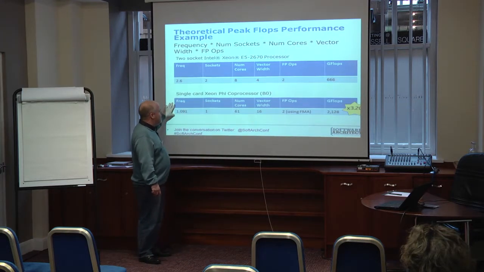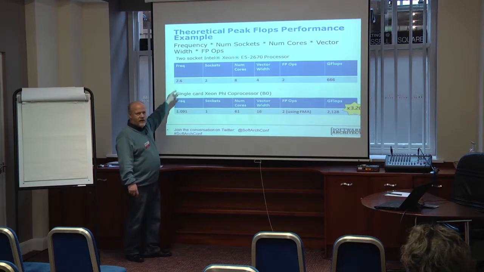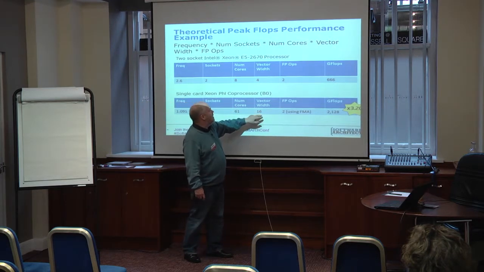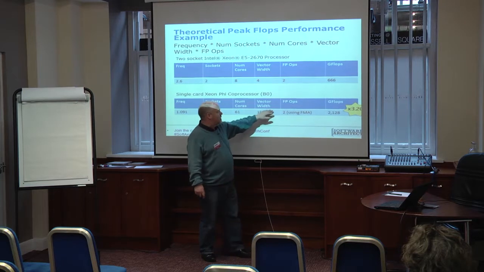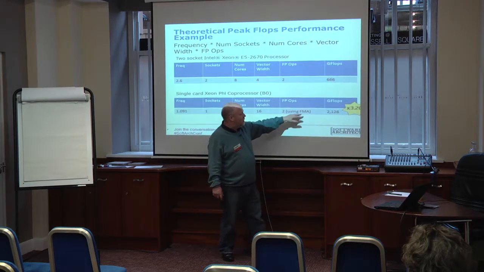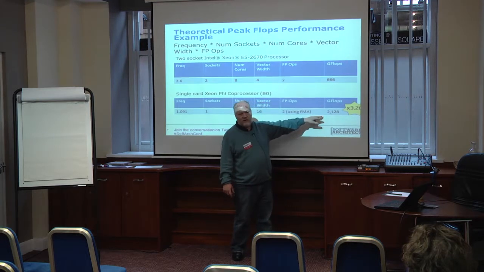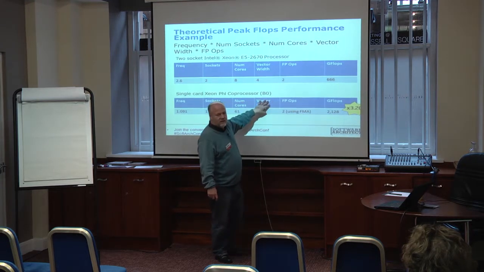If you do the same with the Xeon Phi, then as you know already, the frequency is lower. It's got 1 socket, 61 cores. The vector width is 16. Floating point ops is 2. If you do all those together, we get a value here of 2 teraflops. That's for single precision.